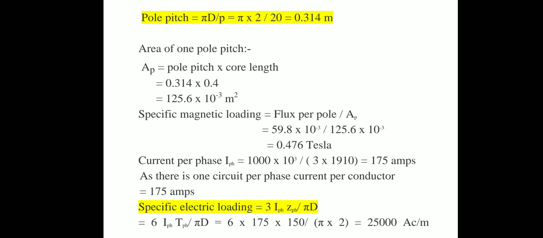Now, specific electric loading is equal to 3 IPH ZPH divided by pi D. When we introduce turns per phase, it becomes 6 IPH TPH divided by pi D. Put the values: 6 into 175 into 150 divided by pi into 2, which comes to 25,000 ampere conductors per meter, or in short AC per meter.